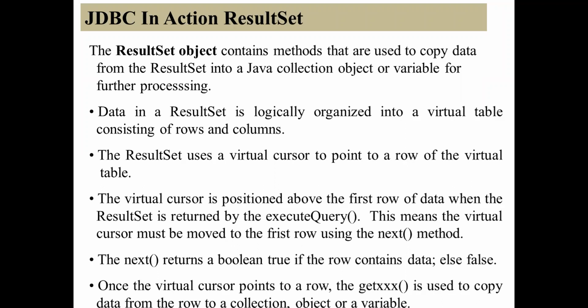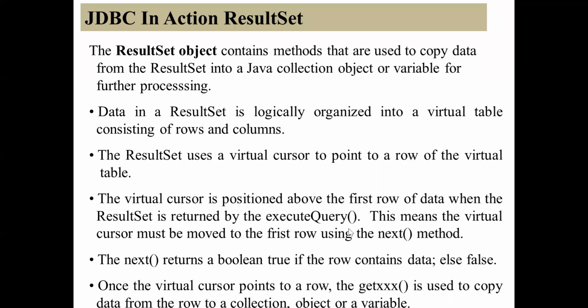The second point: when you're using the result set, it uses a virtual cursor to point to a row of the virtual table. And third, the virtual cursor is positioned above the first row of the data when the result set is returned by the execute query.